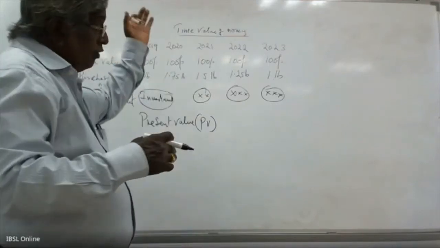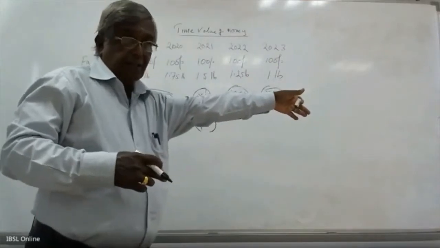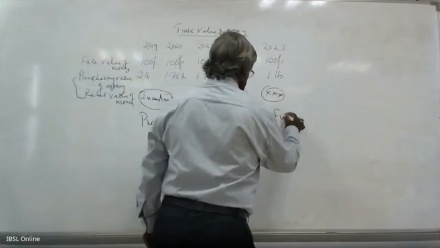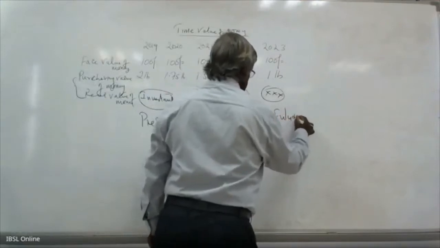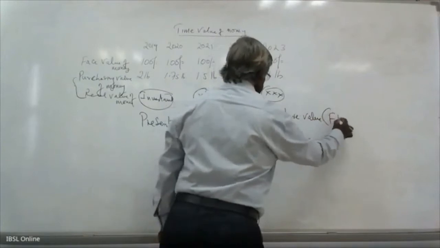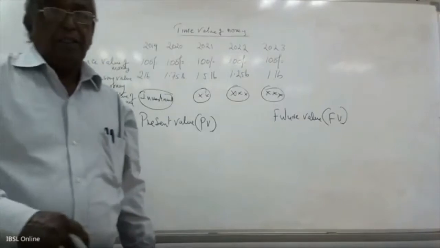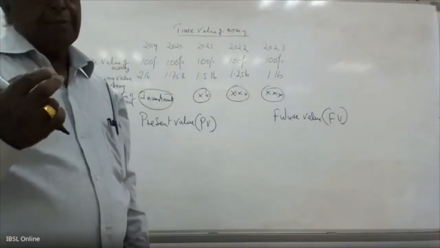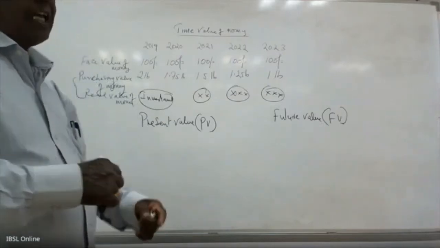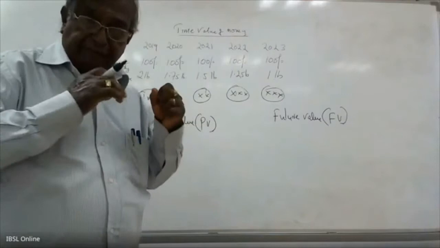The value of money what we will get in future, we call it future value, FV. So, two new terms we have come across. One is present value of money, the value of money what we have today in our hand.